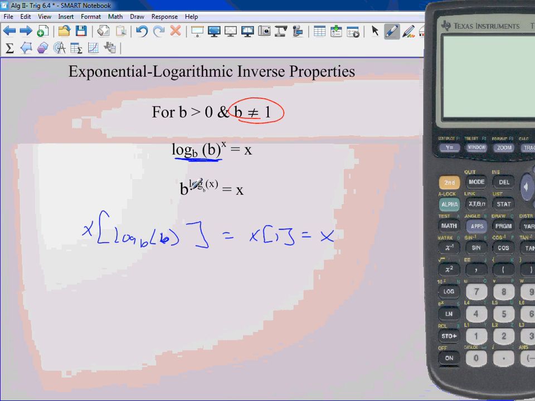So in other words, b to the log of b, base b. Again, what happens here? This b or this x is actually going to go. What happens here? And I'm just left with x. Right. That's what we did here.